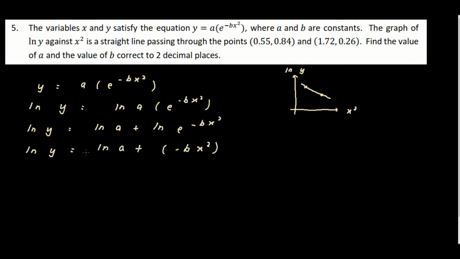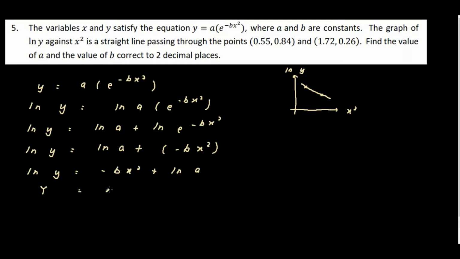Is this in the form of y equals mx plus c? No, because this term is a constant. Natural log of a is a constant, right? So we need to rearrange the whole thing again. Let's move this in front. You can see that this one is basically your new y.